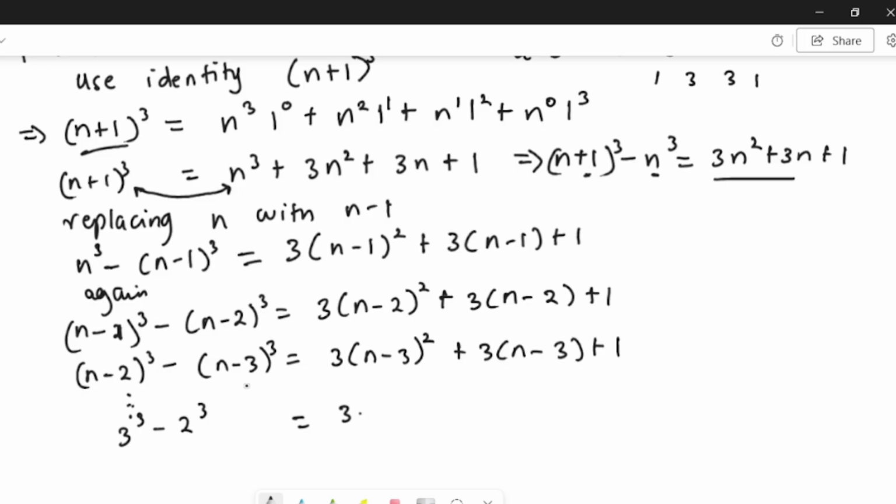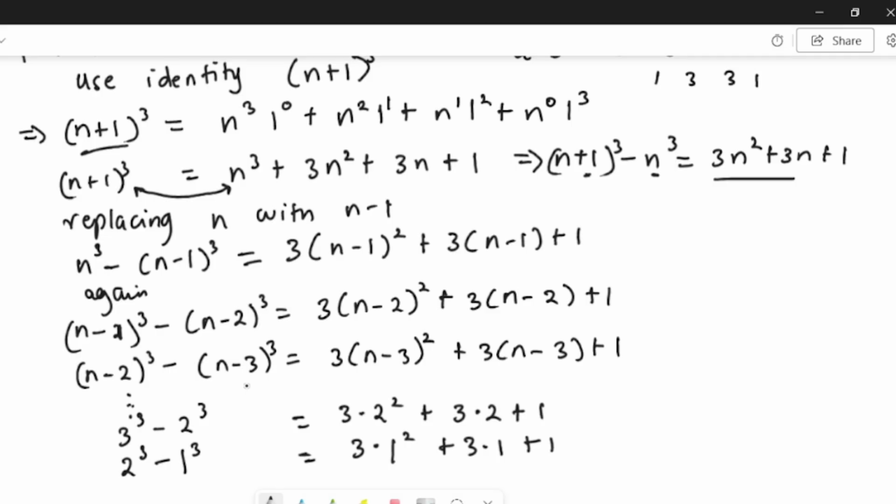We're going to have 3 times 2 squared plus 3 times 2 plus 1. And now we're going to have 2 cubed minus 1 cubed, which will give us 3 times 1 squared plus 3 times 1 plus 1.